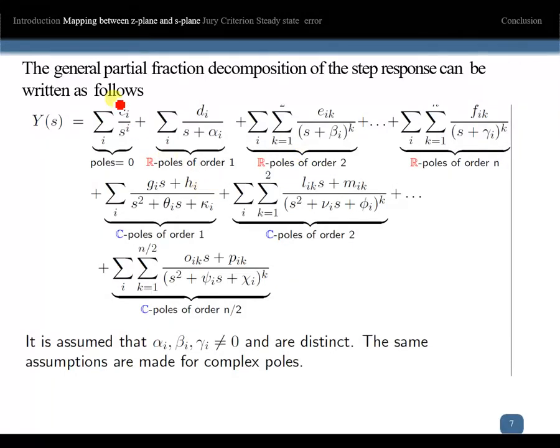And in general, the partial fraction decomposition of the step response can be rewritten as follows. Imagine if you have a transfer function s plus, for example, alpha i, this one you can write as the sum of first order terms or the sum of the poles equal to 0, or you have a second order or higher order system.